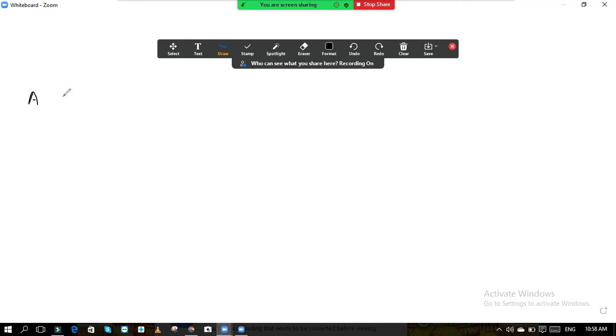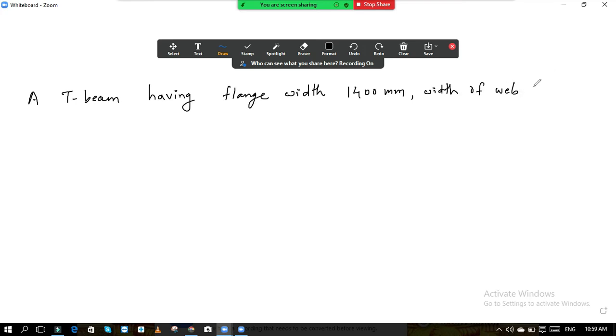A T beam having flange width 1400 mm, width of web 230 mm, and depth of flange 40 mm.